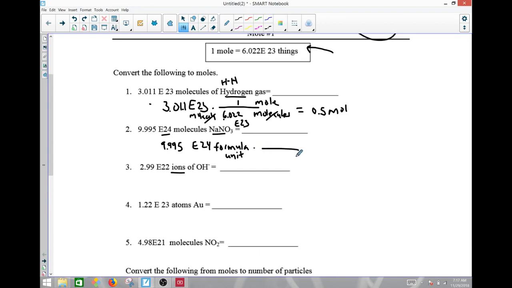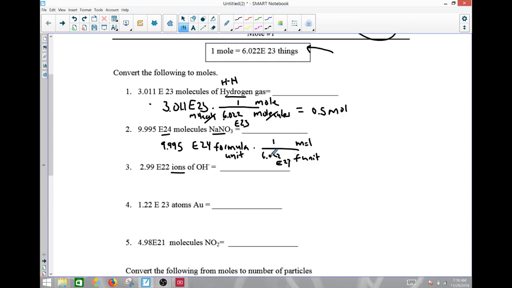All right, get rid of formula unit and go to moles. Again, I'm doing the same process as before, 6.022 e to the 23rd.